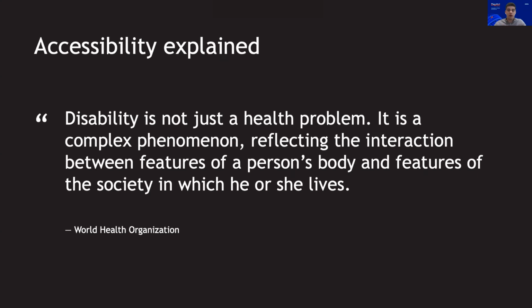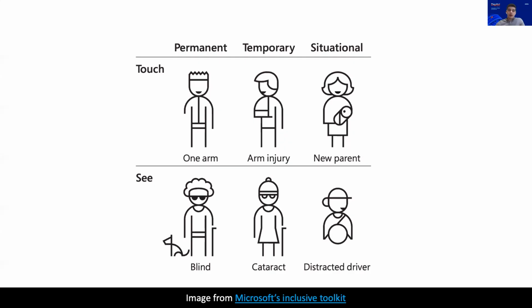The World Health Organization says that disability is not just a health problem. It is a complex phenomenon reflecting the interactions between features of a person's body and features of the society in which he or she lives. In fact, sometimes disability is temporary and sometimes disability is situational.